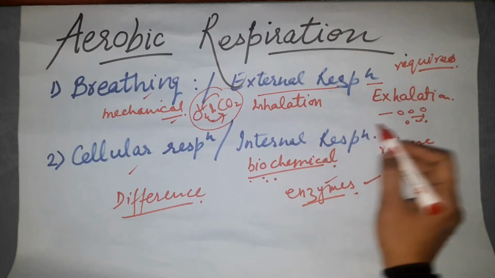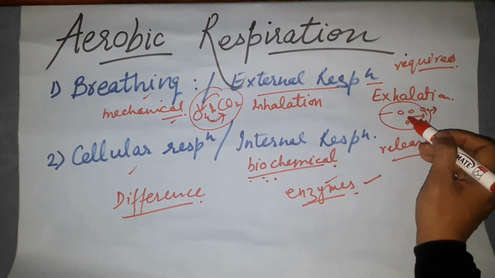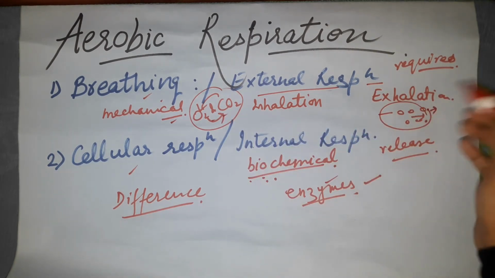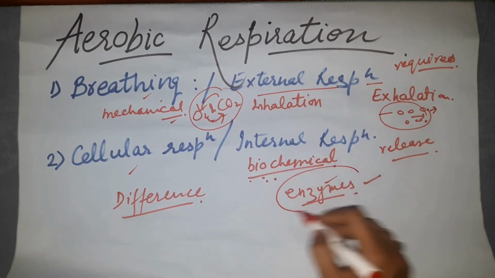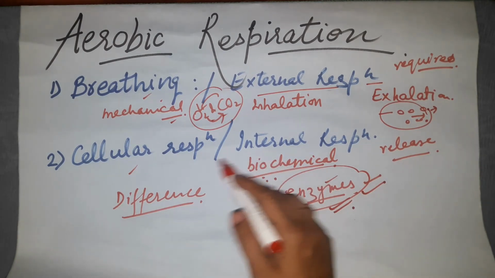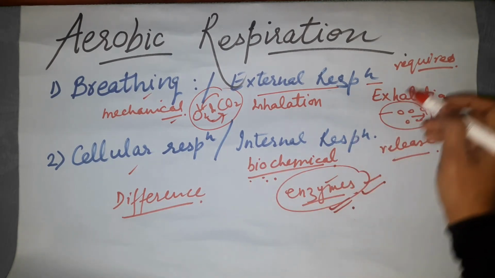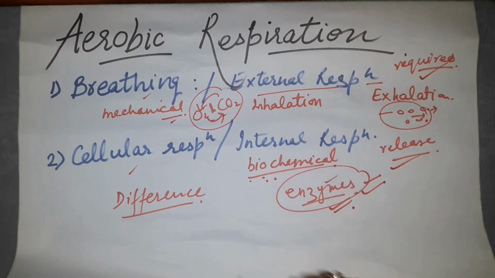In breathing, simple diffusion moves the oxygen and carbon dioxide molecules in and out, whereas in cellular respiration the help of enzymes is required. And the last one: breathing requires lots of energy, whereas cellular respiration releases lots of energy.